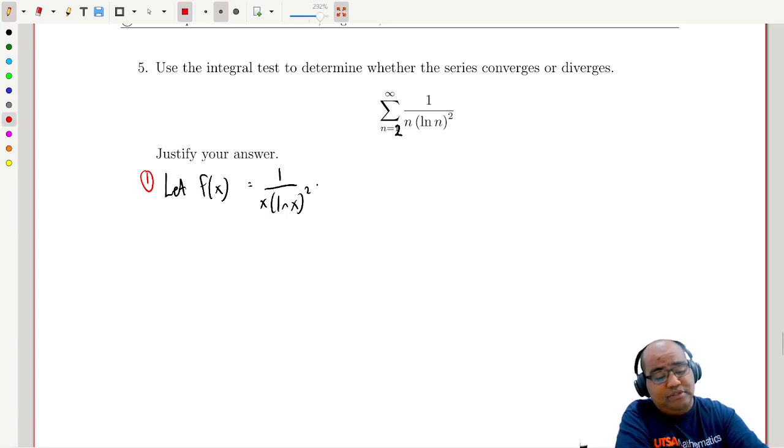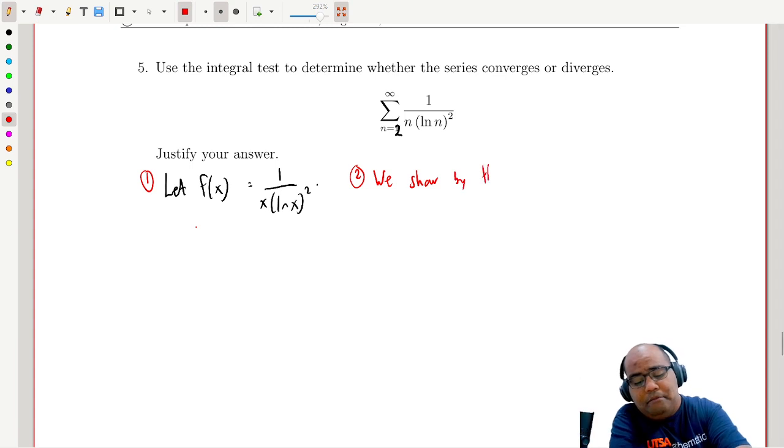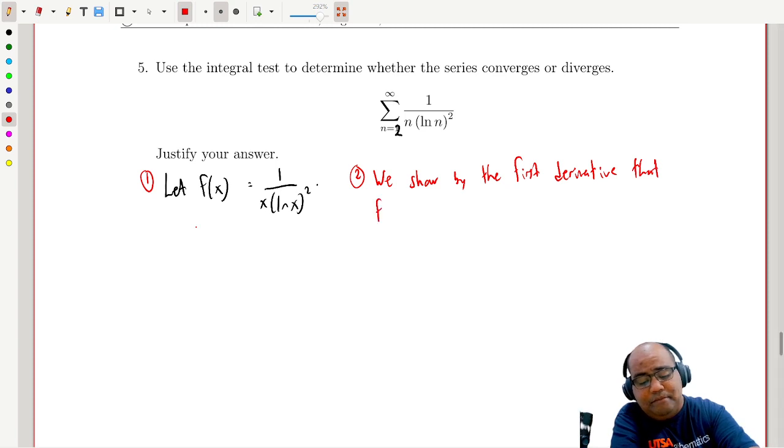So step 2: we show by the first derivative that f is decreasing.